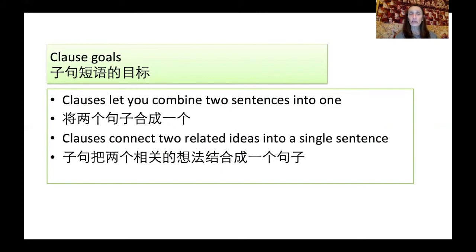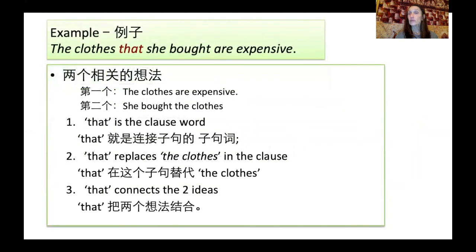Clauses connect two related ideas into a single sentence. Right? So let's look at an example.